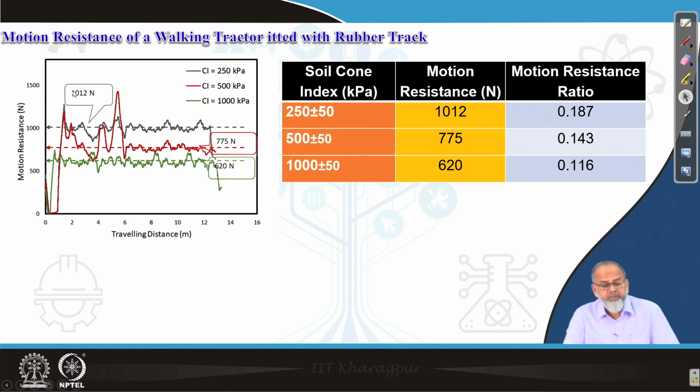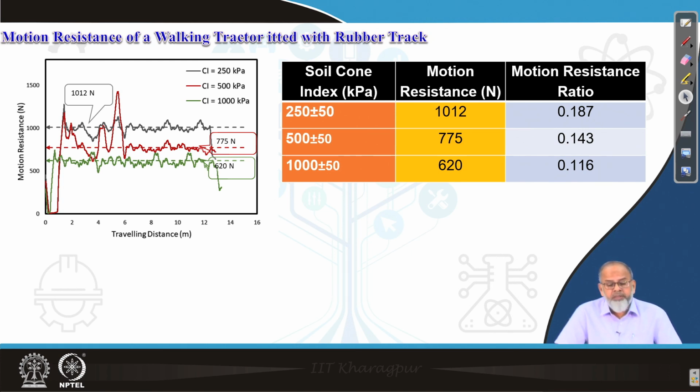The first is motion resistance versus travelling distance. This has been plotted for 3 different soil conditions. We varied the soil conditions from 250 kilopascal to 1000 kilopascal, the average value I am talking about. When the soil cone index is 250 kilopascal plus or minus 50, we take it as soft soil.